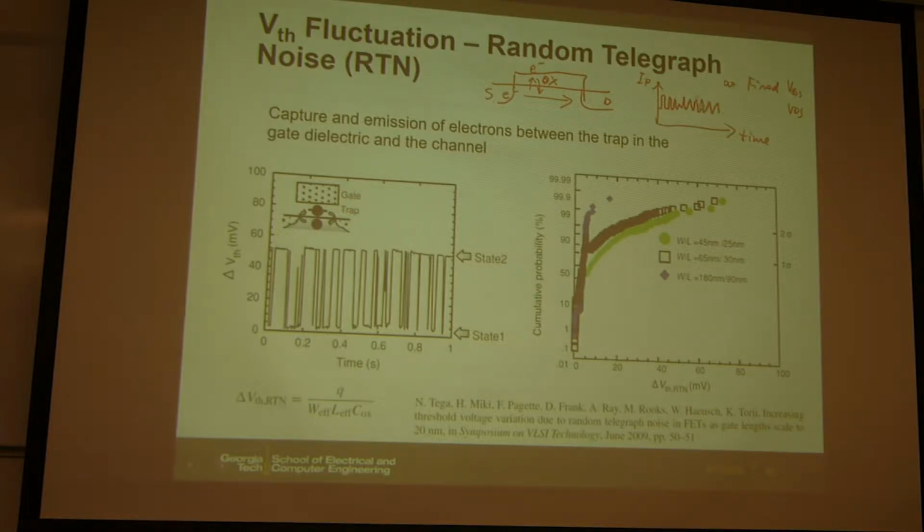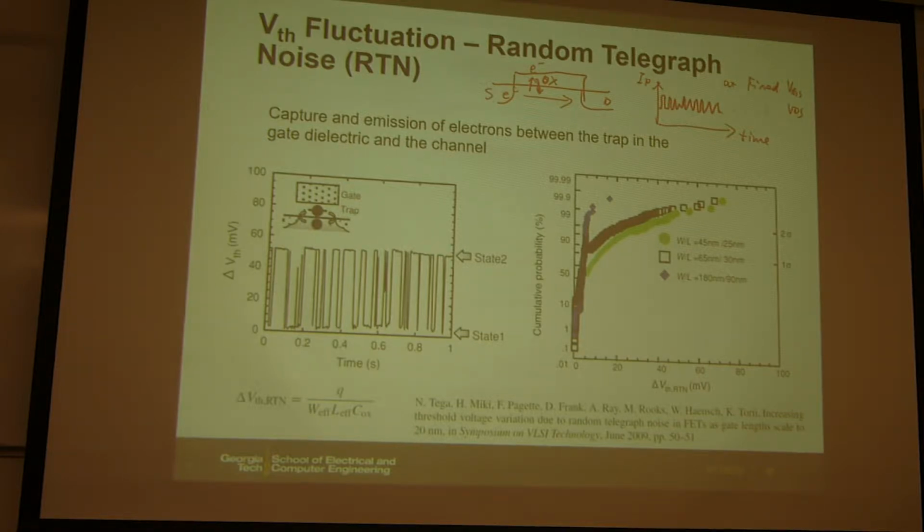Of course, sometimes you see even more noisy behavior if you have many traps. But because the device dimension is so small these days, probably only one or two traps will be dominant there. So if you only have one trap, then you only see two levels of the current fluctuation, because you only have one of these trapping and detrapping behaviors.